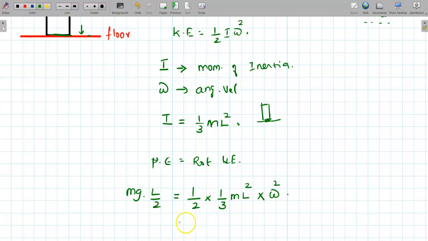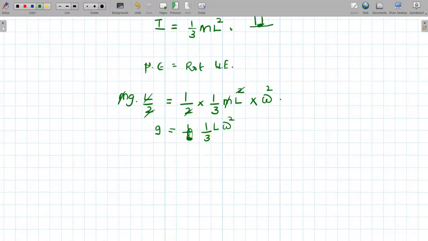You can simplify this: here is 1 by 6, the mass is cancelled, one length is cancelled, and 2 is cancelled. So you can write 1 by 3 L omega square on one side, and g on the other side.